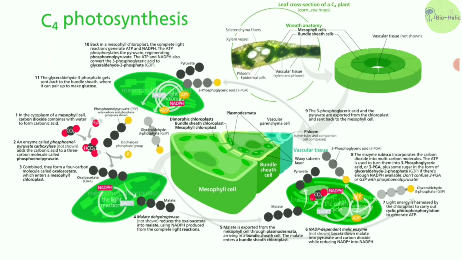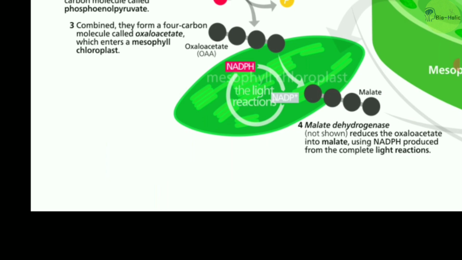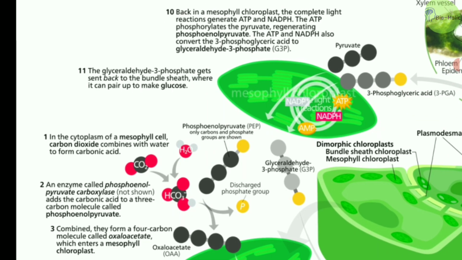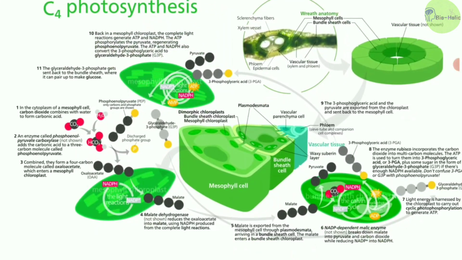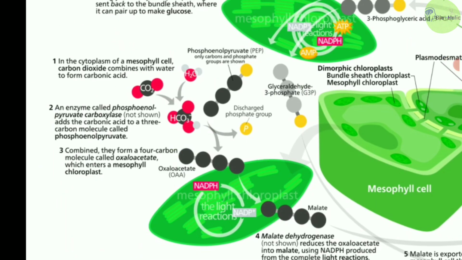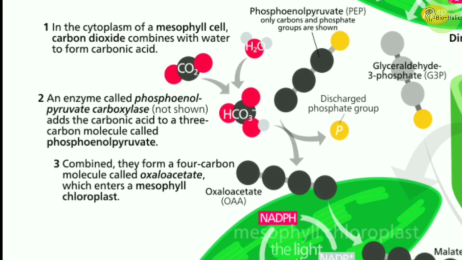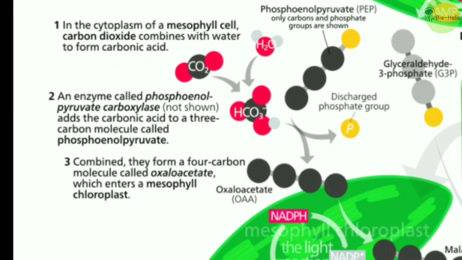Let's see. As the carbon dioxide cannot enter as gaseous form, in the cytoplasm of mesophyll cells, carbon dioxide combines with water to form carbonic acid.